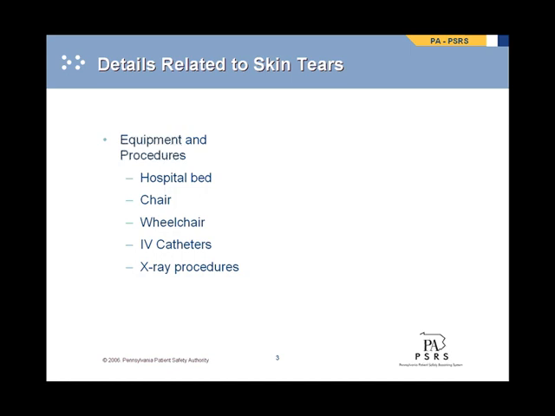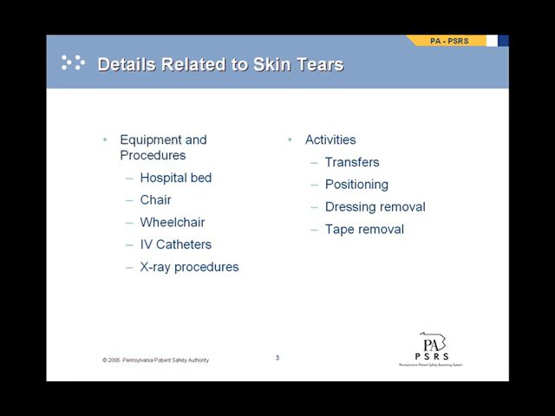Intravenous catheters are mentioned more than any other tube or drain, with radiographic procedures following. The activities likely to contribute to a skin tear injury are patient transfers and positioning. Proper lifting, turning, positioning, and transferring techniques can prevent skin tears. Dressing changes and procedures involving removal of tape were also frequently cited.